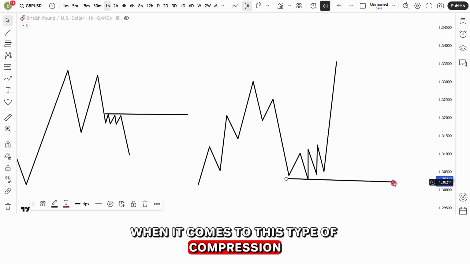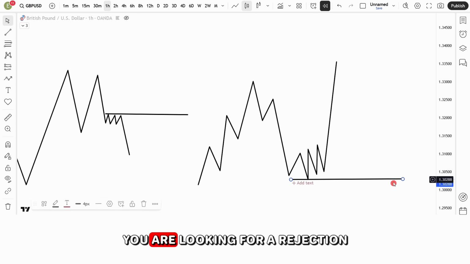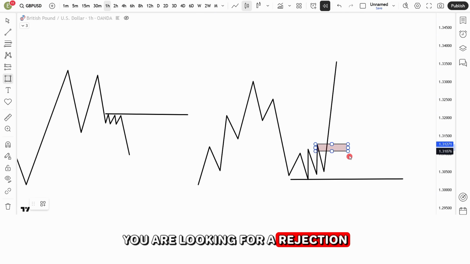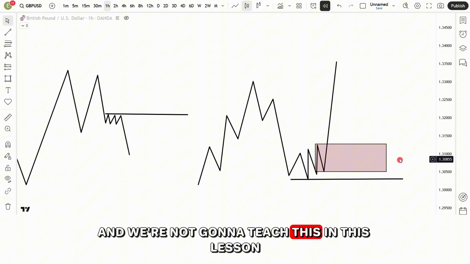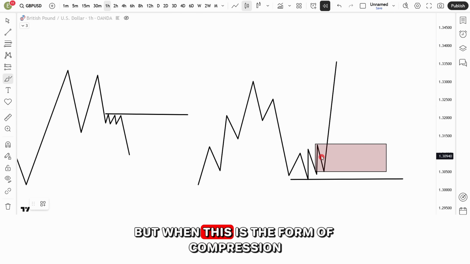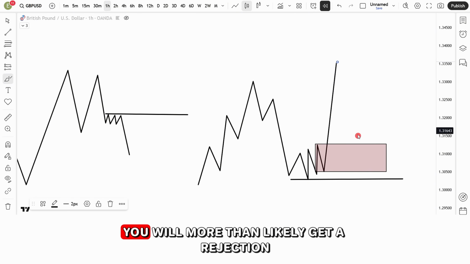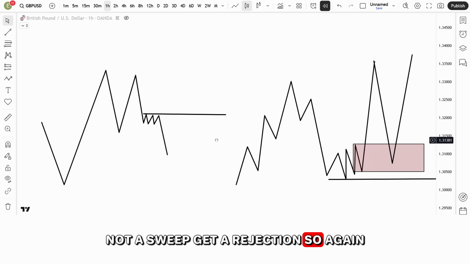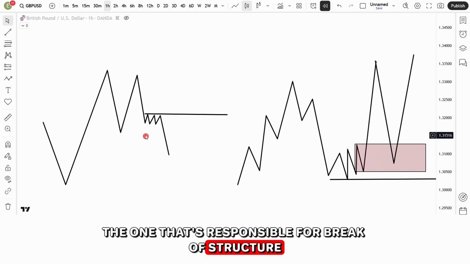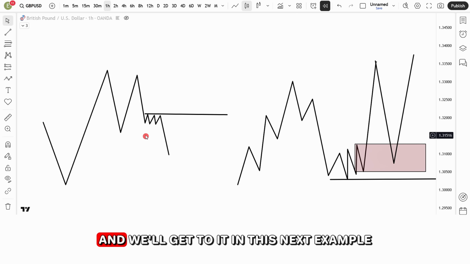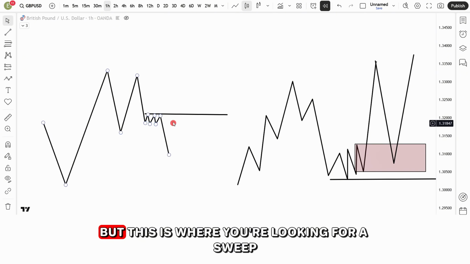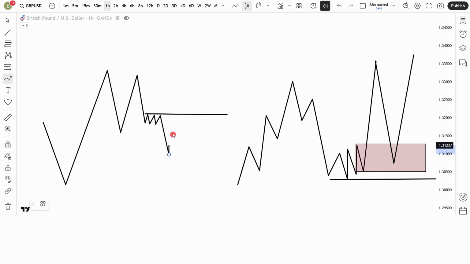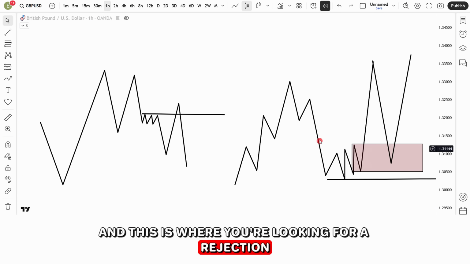When it comes to this type of compression, you are looking for a rejection. We're not going to teach this in this lesson, but when this is the form of compression, you will more than likely get a rejection, not a sweep. So again, the one that's responsible for a break of structure, I know this is complicated and we'll get to it in the next example, but this is where you're looking for a sweep and this is where you're looking for a rejection.